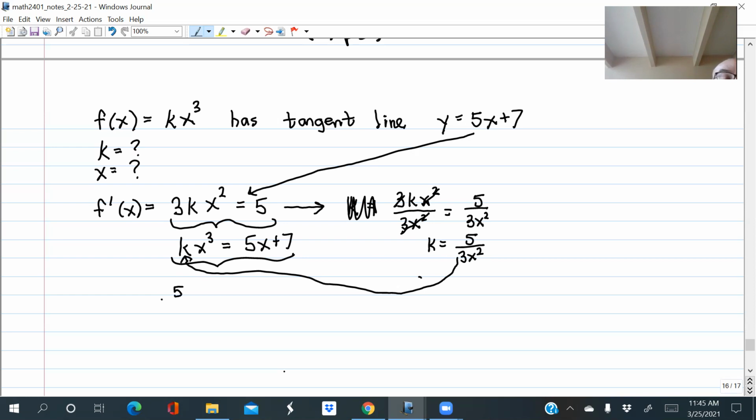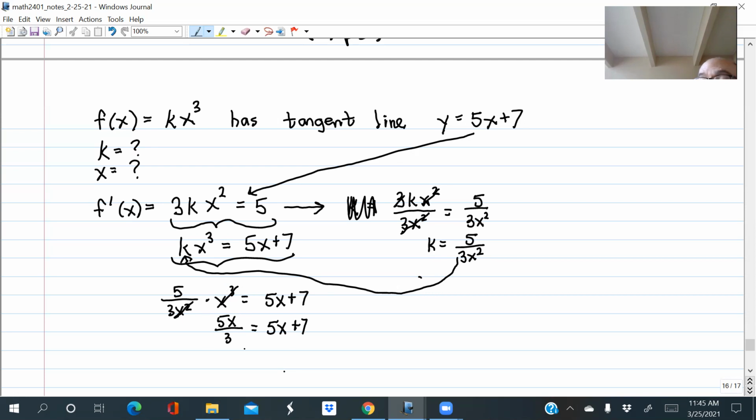So we get 5 over 3x squared times x cubed is equal to 5x plus 7. And now this works out so beautifully. Notice the x squared will divide into the x cubed, so you end up getting 5x over 3 is equal to 5x plus 7.